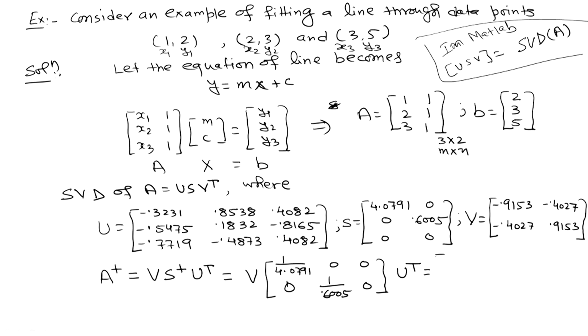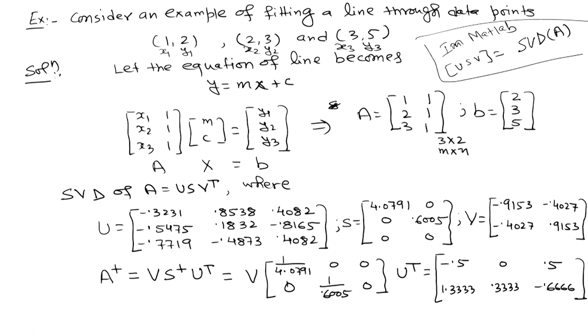If I calculate this matrix A plus, it will be a 2 by 3 matrix, because A is a 3 by 2 matrix, which is given as [minus 0.5, 0, 0.5; 1.3333, 0.3333, minus 0.6666]. So, this is my A plus.